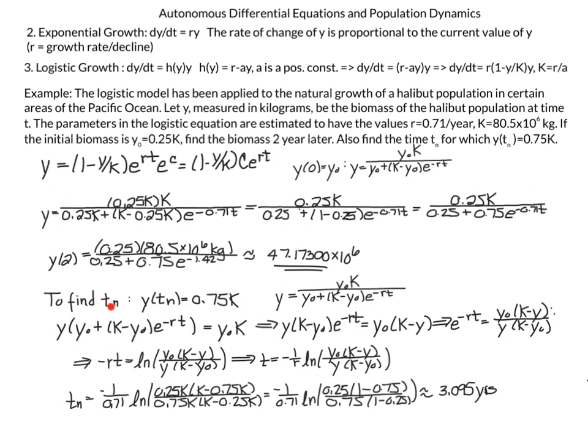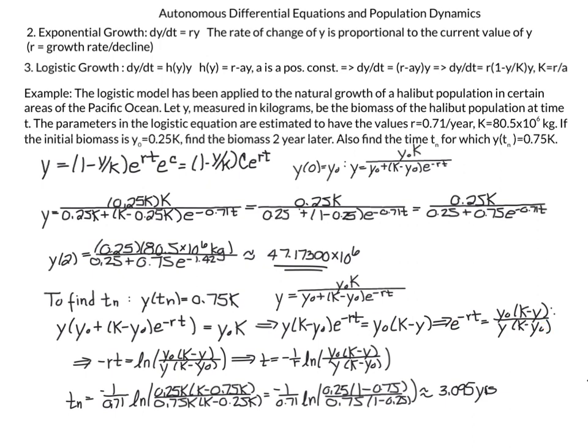To find tn such that y of tn is equal to 0.75k, we start with the initial value equation, and then we do some algebraic manipulation, starting with multiplying both sides of the equation by the denominator. We continue with more algebraic manipulation until we get to e to the minus rt equals y naught times k minus y, divided by y times k minus y naught.